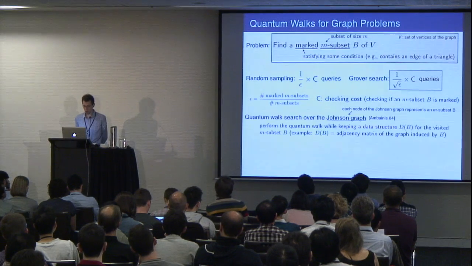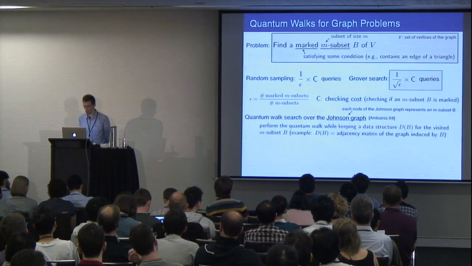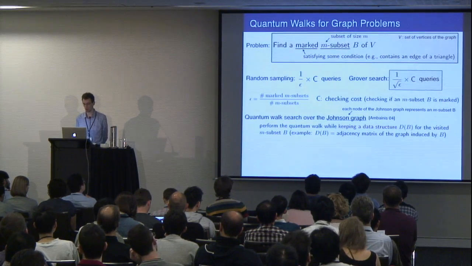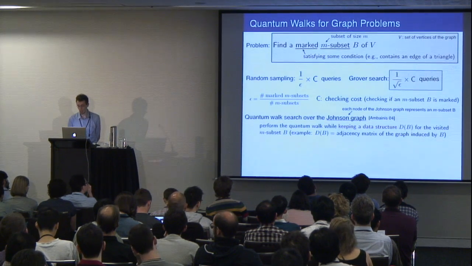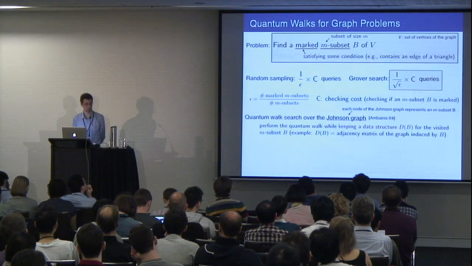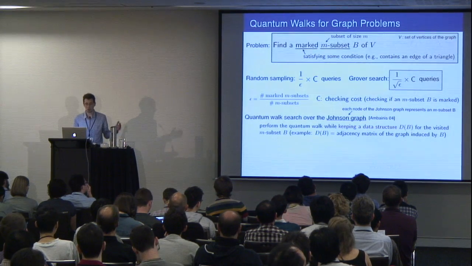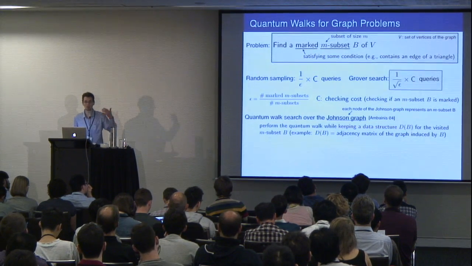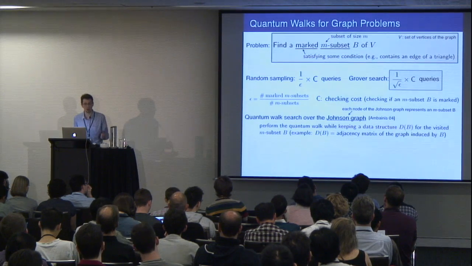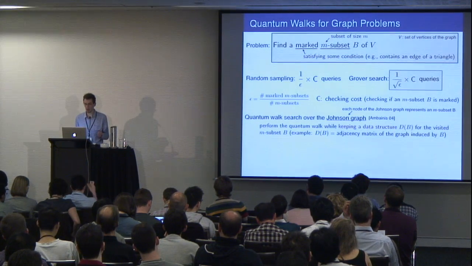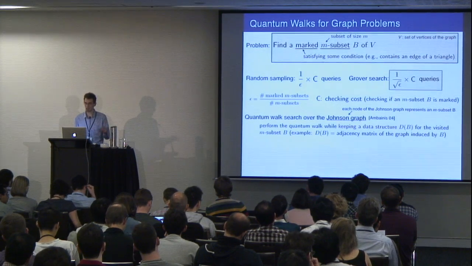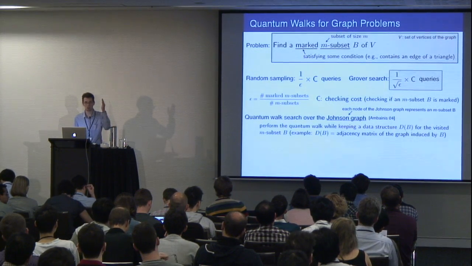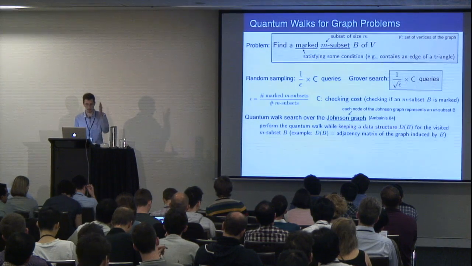Another way of solving this problem is to use quantum walks. So quantum walk search over the Johnson graph. The Johnson graph is a graph where each node represents an M-subset. Okay, and a quantum walk is a quantum version of a random walk. So a random walk on the Johnson graph will start with an initial node of the graph, check if it is marked, and if not, move to a randomly chosen adjacent vertex.